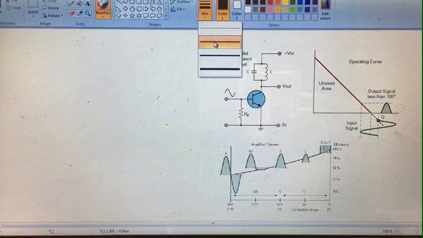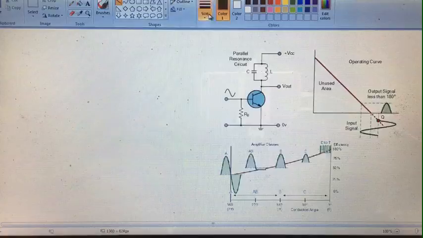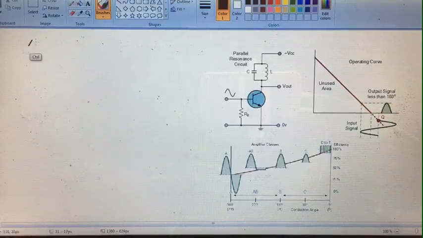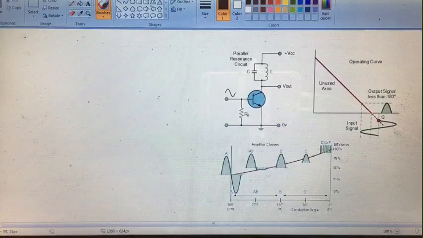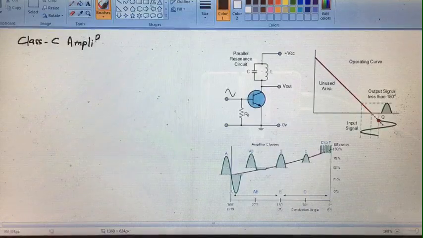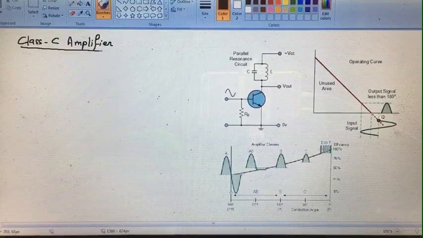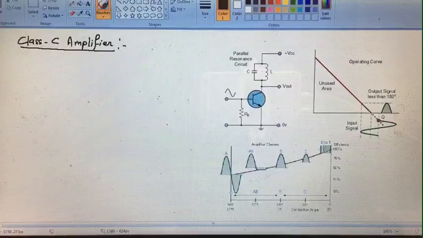So, in class C amplifier, the quiescent point is below the cutoff region.